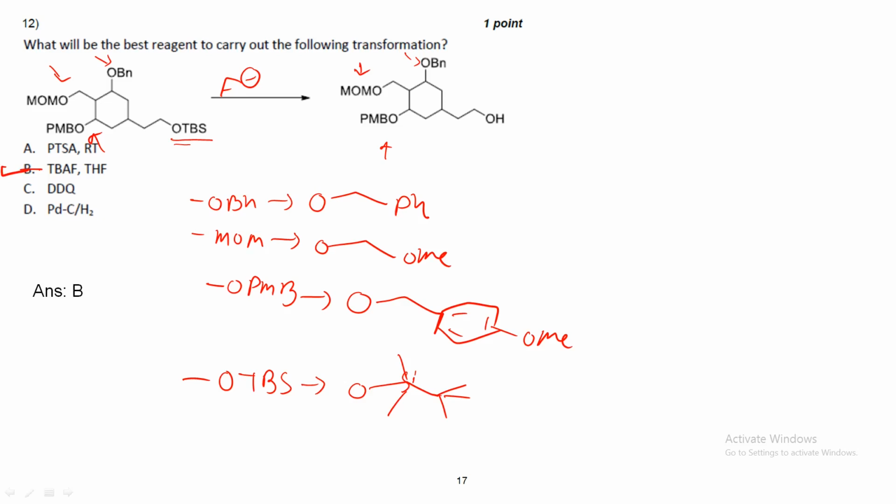Now look at the other conditions. Let's say this condition is palladium on charcoal. What would be happening? O-benzyl can be deprotected, and PMB should also be deprotected, and these two would be unreacted.